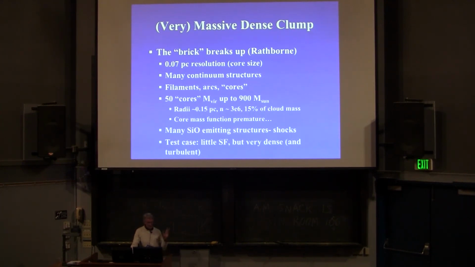So if right, this would be very interesting for the turbulent core picture. But they are not willing to talk about a core mass function yet, at least as of the last time I talked to them. There are a lot of SiO emitting structures, and remember I said that's a tracer of shocks. And so this is a very highly turbulent region as well.